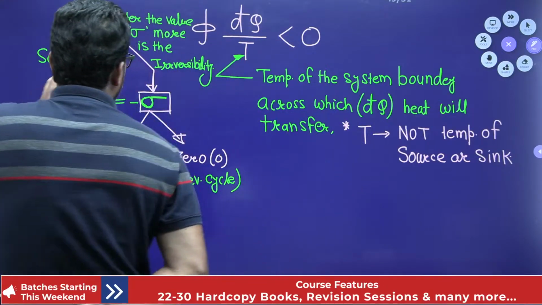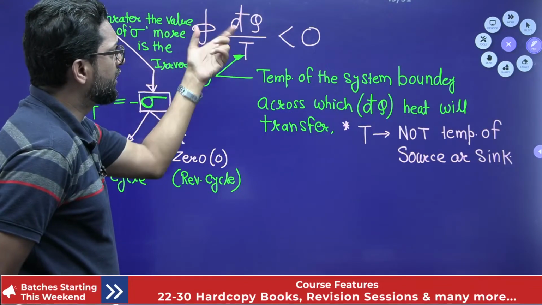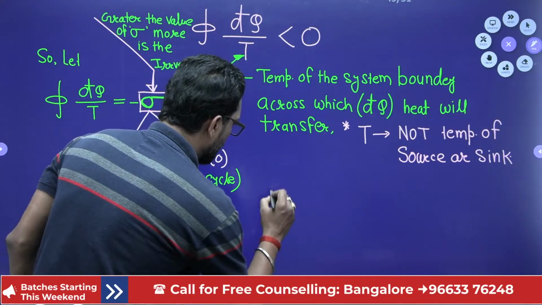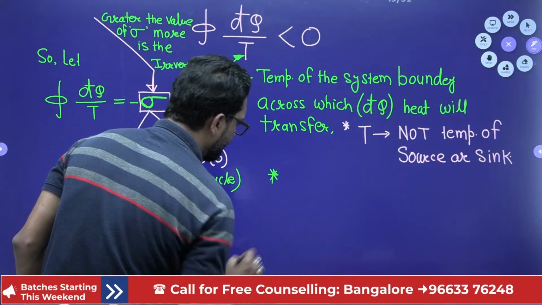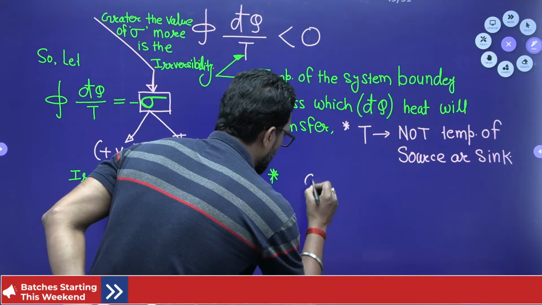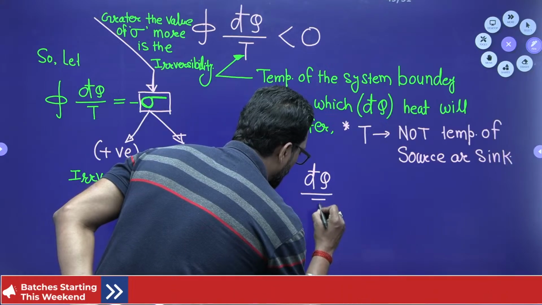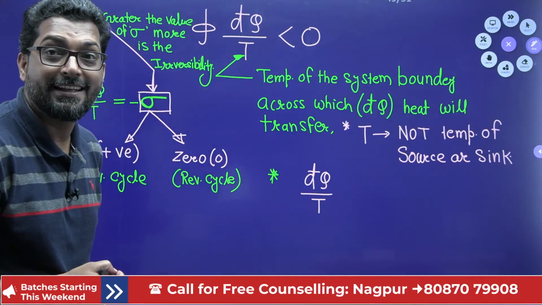If you think about what this quantity dq by T is, what does it represent?